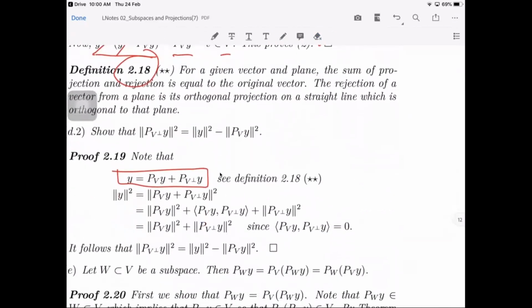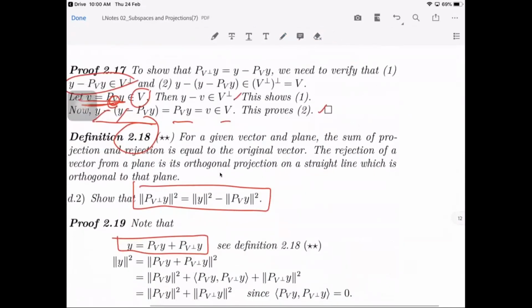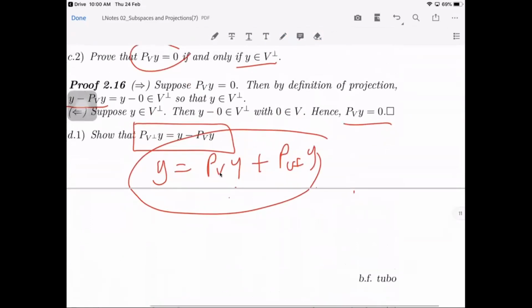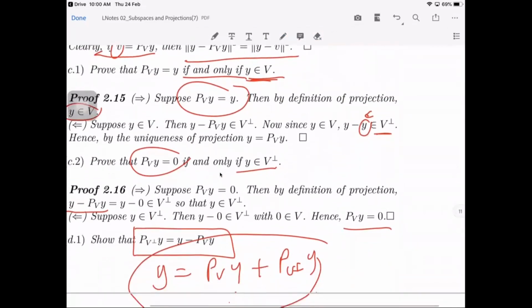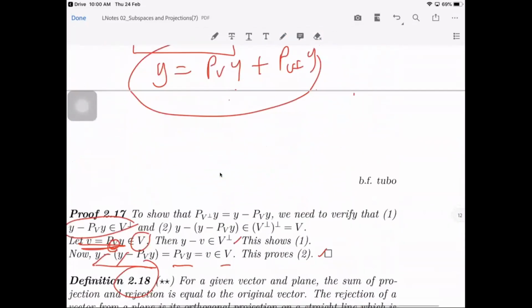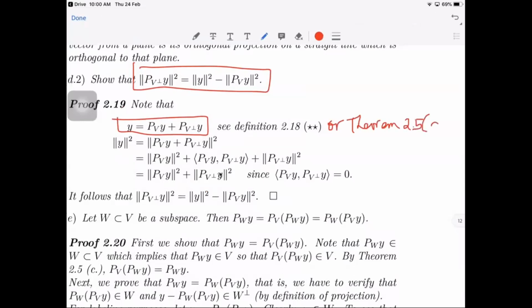To show this, we will use the result D1, Theorem 2.5 D1.